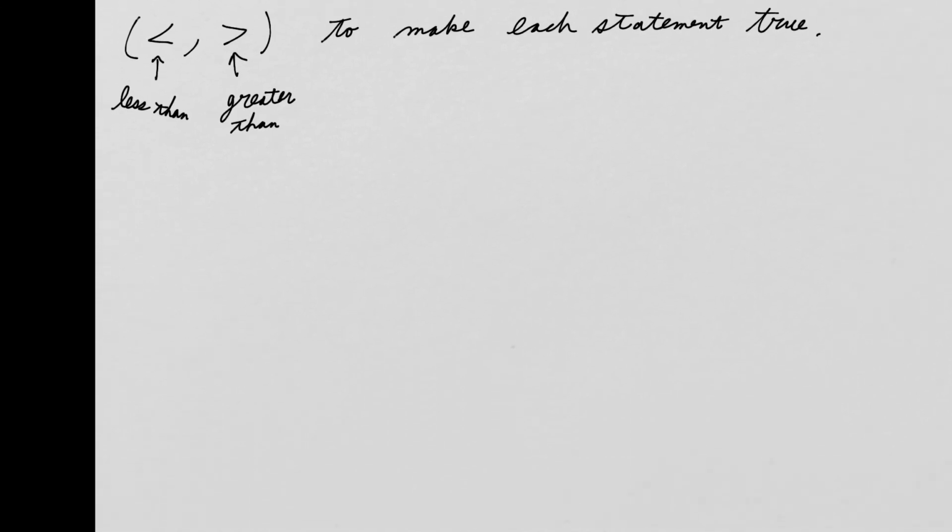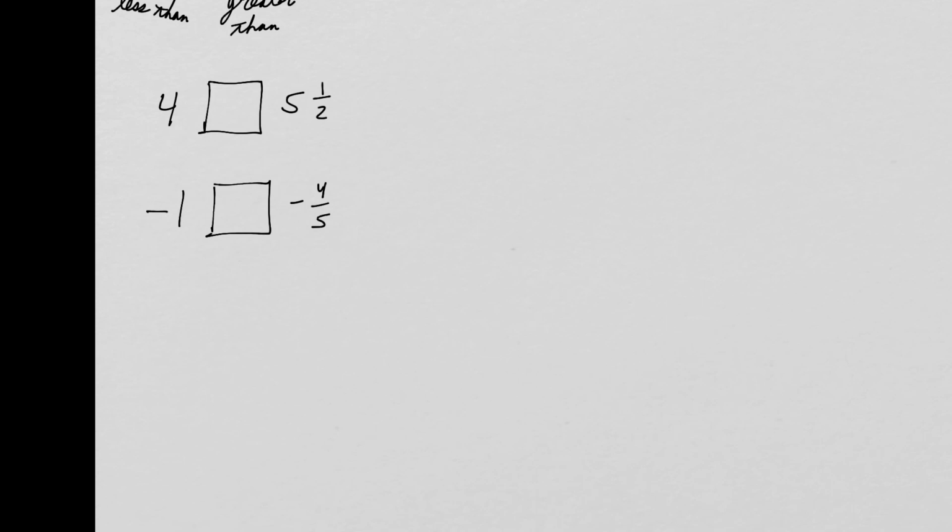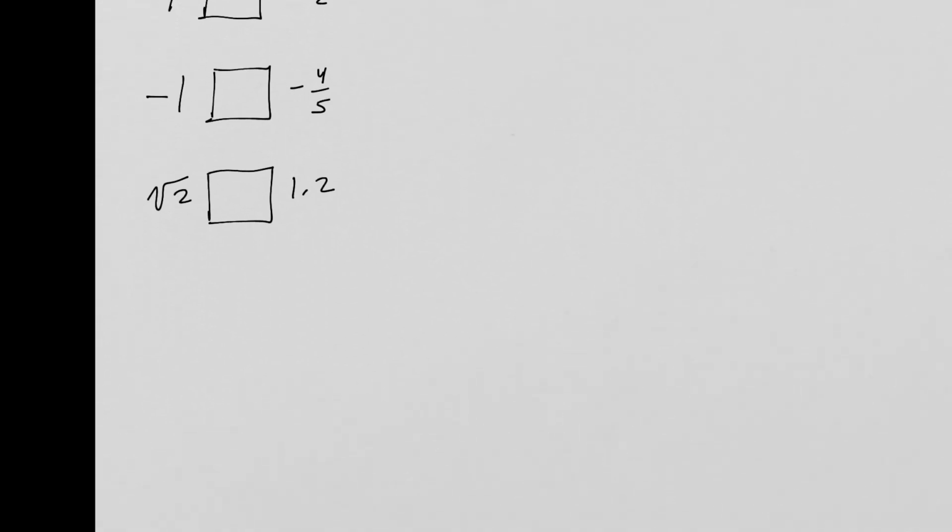Okay, so let's say I want to compare 4. So I have a box, that's where I want to put in my inequality symbol, inside the box, to 5.5. Let's say I want to compare -1 to -4 fifths. And then let's do square root of 2 to 1.2. Negative pi to negative square root of 16.